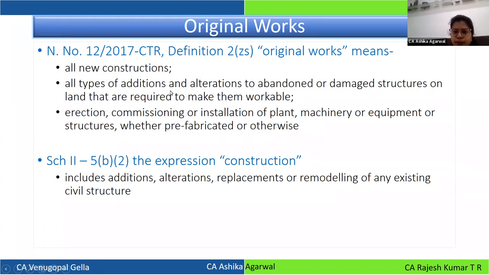For the purpose of exemption, we have to look into this, that it should qualify as new construction, because the word used here is not construction but new construction. Means there should be a newly constructed property, not a remodeling or replacement of an existing civil structure. However, if it is in relation to addition or alteration to an abandoned or damaged structure on land, then also it will qualify as original work. Means for the purpose of exemption, the definition of construction has been restricted. It is limited only to new.